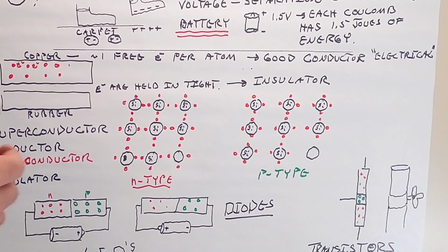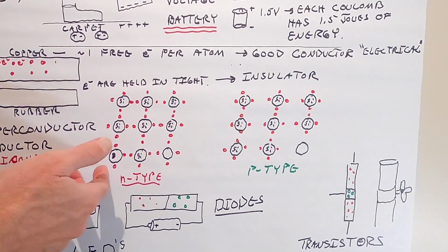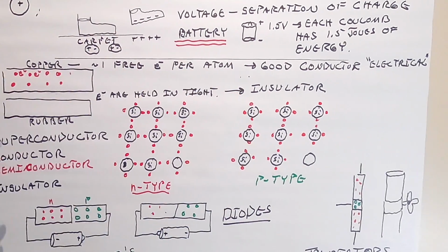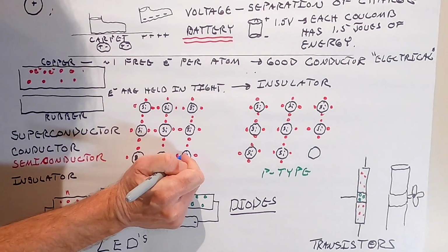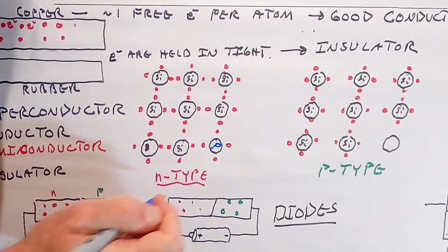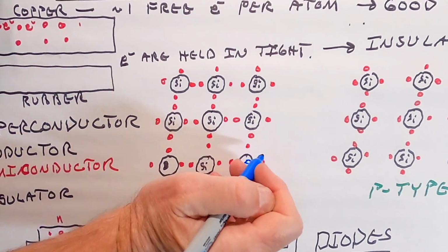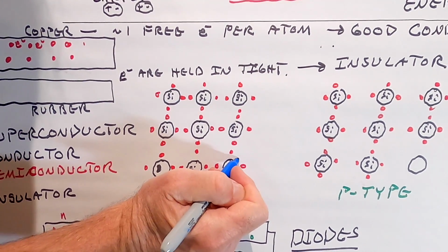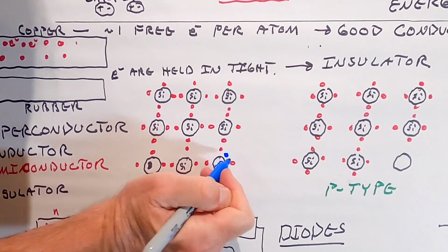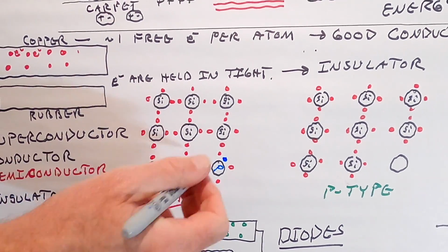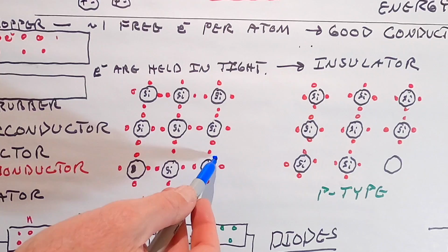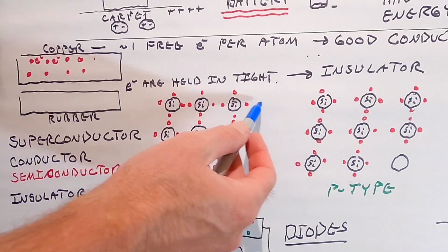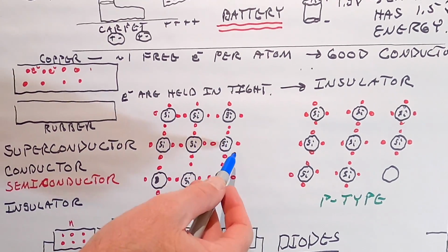But suppose I were to take something that had 5 electrons in the outside shell, like phosphorus. Phosphorus is P on the periodic table. If I were to sprinkle a little bit of P on this, this thing would have 5 electrons. It would have the 4 to share and the extra one right here. You notice this extra one can now move around. It makes it a little more conductive.